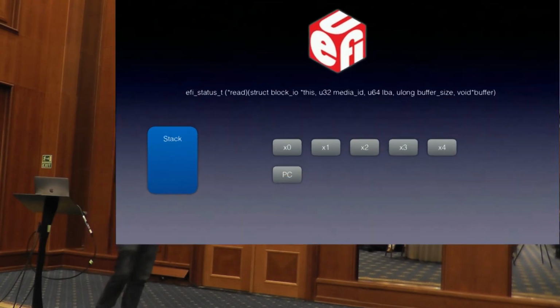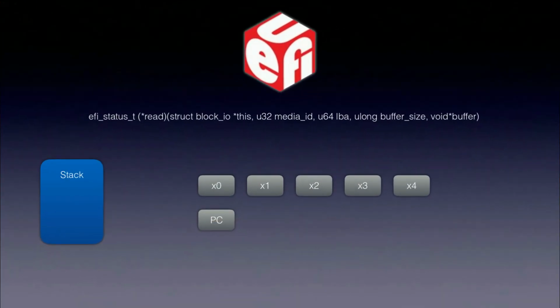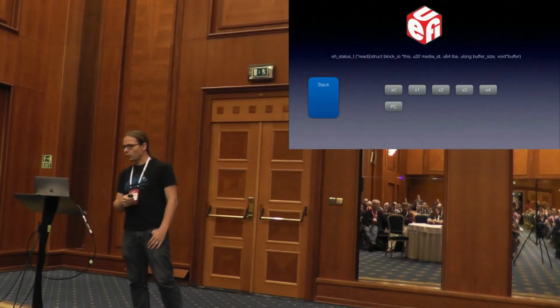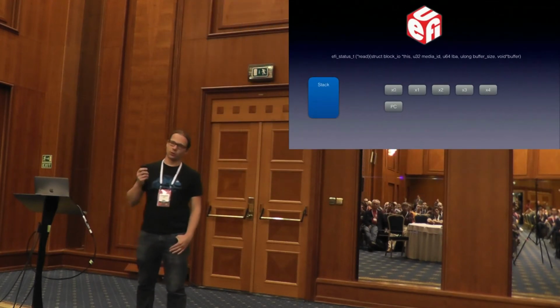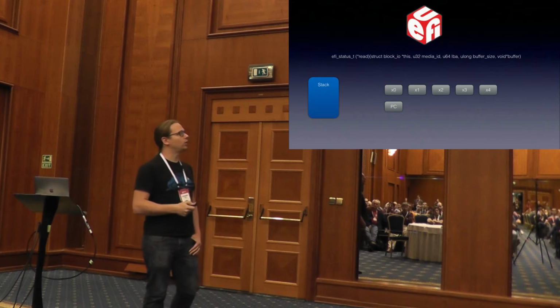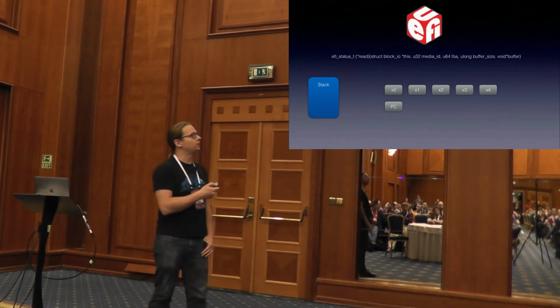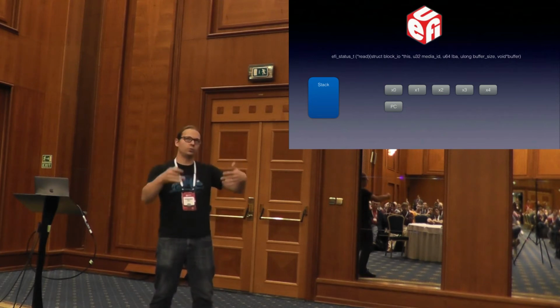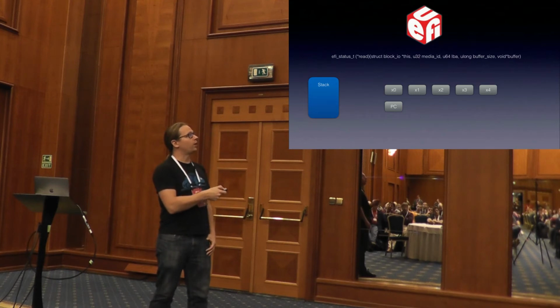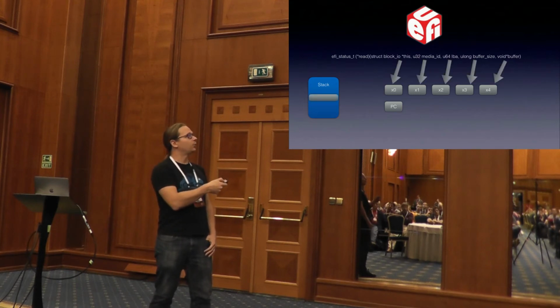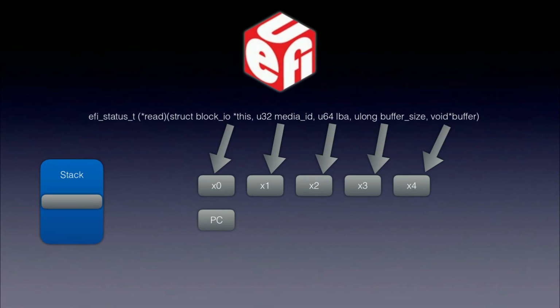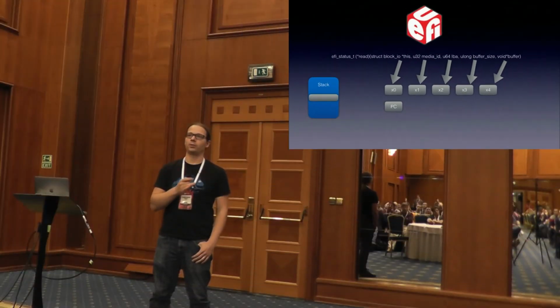But, oh yeah, we want to call that function. But what does a function call actually do? A function call basically just means the code that we write takes all of the parameters we have and puts them into individual registers. It's defined in the ABI which registers they are.